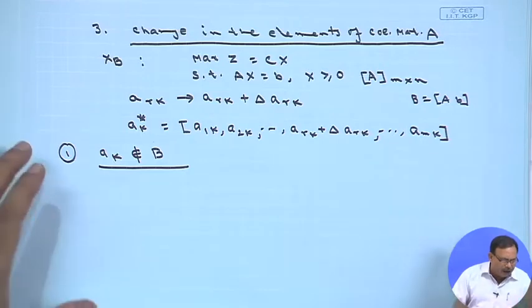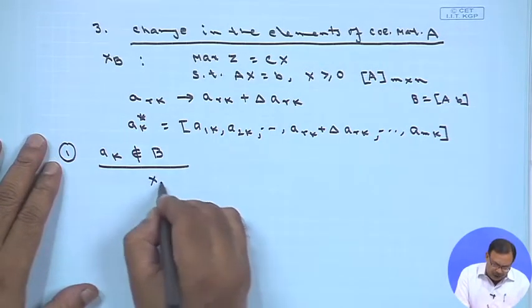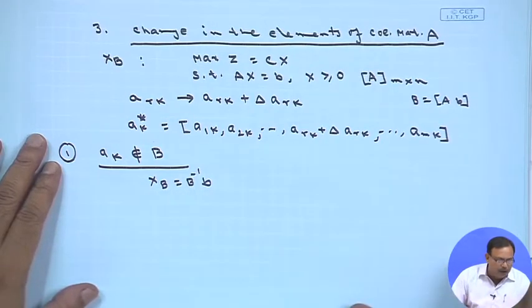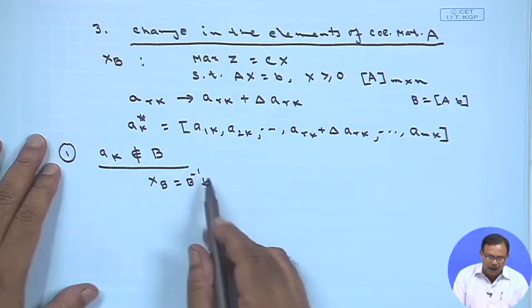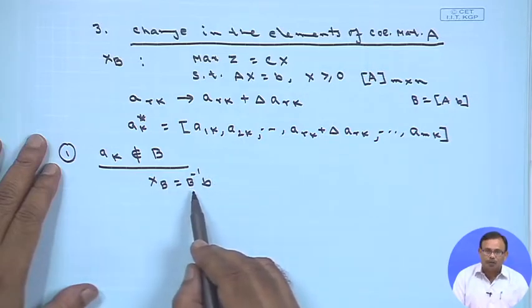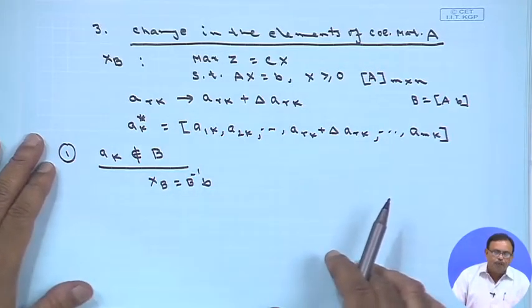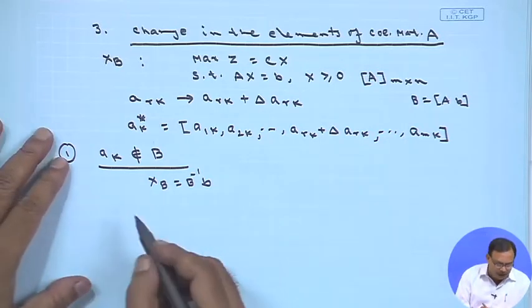If A k does not belong to capital B and x B equals B inverse b, then the optimal values of the variables will remain unchanged, because it is B inverse b and A k is not in B. So, it is not affecting them.